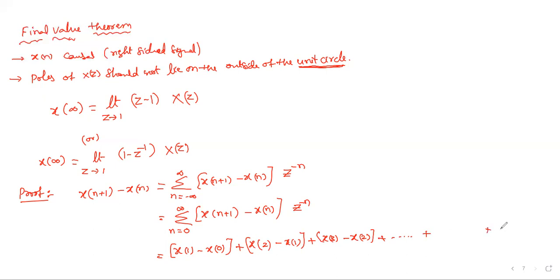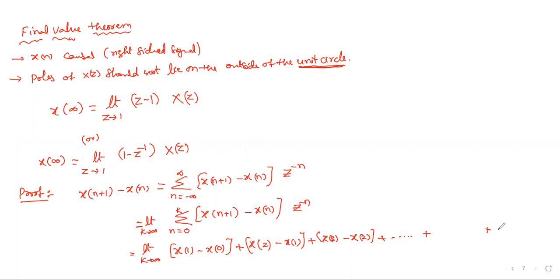Let me write it here: instead of taking n equal to 0 to infinity, I will write limit k tending to infinity, with n equal to 0 to k, for our understanding. So now n is varying from 0 to k.